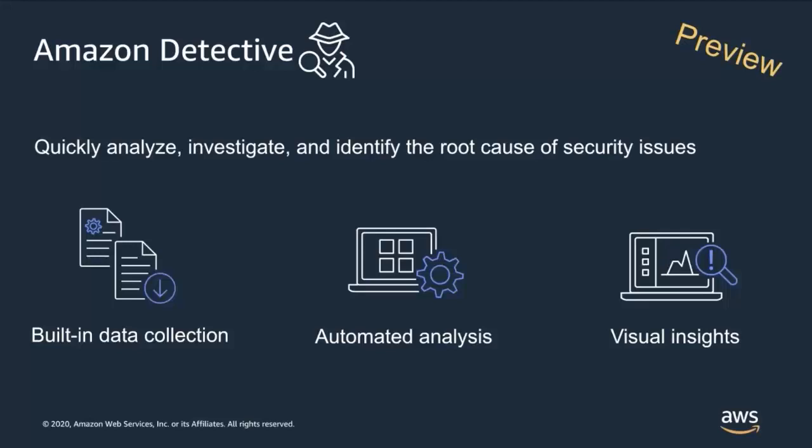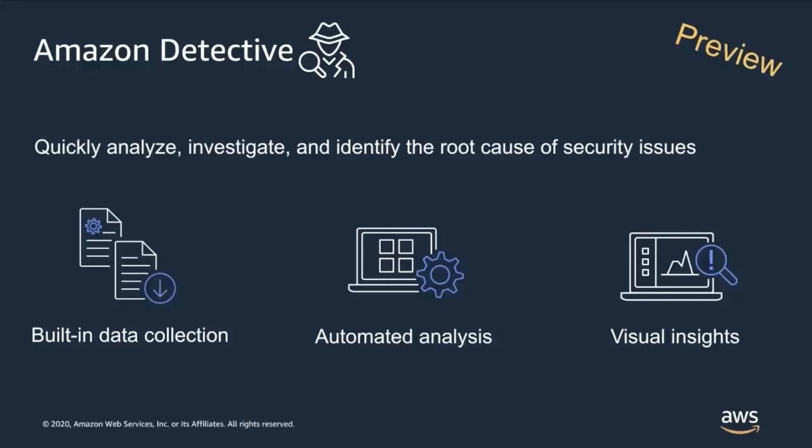The idea of Detective is to help our customers quickly analyze and investigate these security issues and identify what's going on. The approach we're taking is thinking about those hard problems and the challenges that our customers are having. We went after the key points that needed addressing. There's a data aspect, and being able to manage that data collection seemed like a great goal.